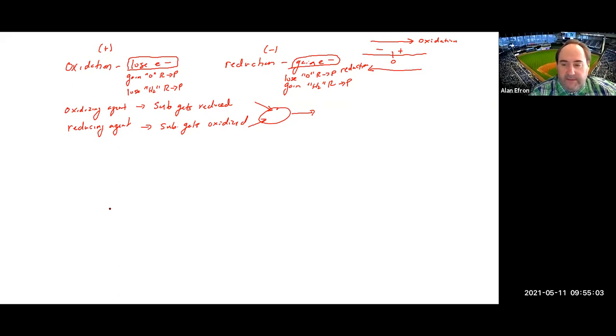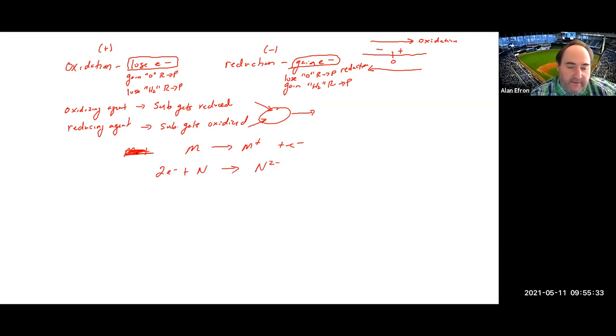I think we finished up last time, in addition to talking about basic redox reactions, with half reactions, where, for example, somebody loses electrons and somebody else gains electrons.